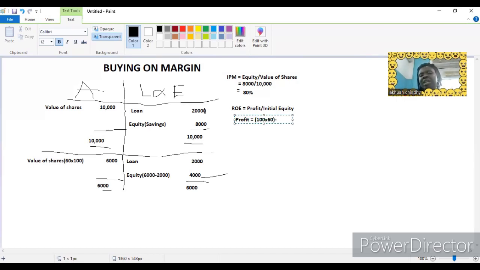Not cost price as in how much you bought it for, but how much you contributed to the shares initially. A cost is something that took money from you, the owner. The owner had to bring 8,000 from the savings, and it's a cost.